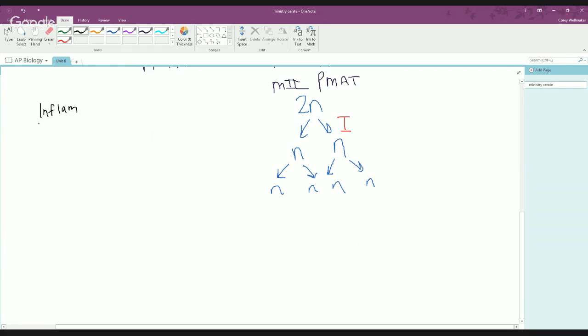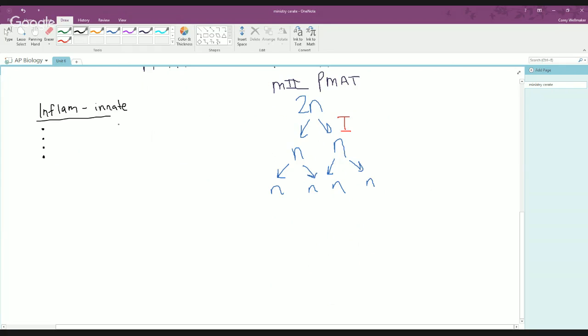All right, so during the inflammatory response, you have something going wrong. Your innate immune system has been alerted, it's been activated, and let's just say that you have bacteria that's been exposed to your tissue.